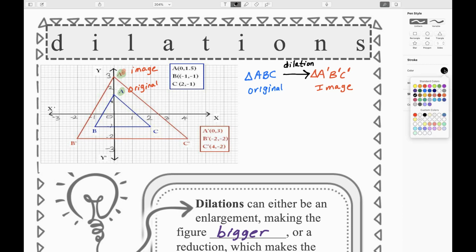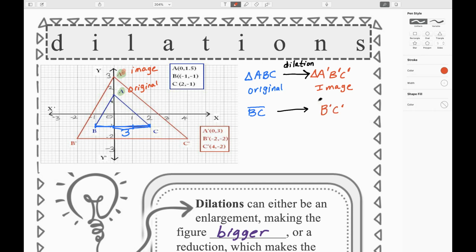So I want to compare something. So let's look at the side lengths. So our side length here on BC, we're starting at -1 and we're going to 2. So it's a 1, 2, 3. So the side length is 3. So I'm going to talk about BC. That is the side length. And I want to look at how it compares to its image, which was, if you follow the markings, B prime, C prime.